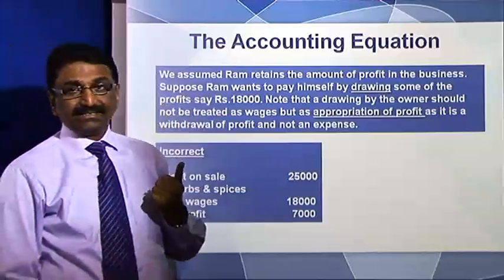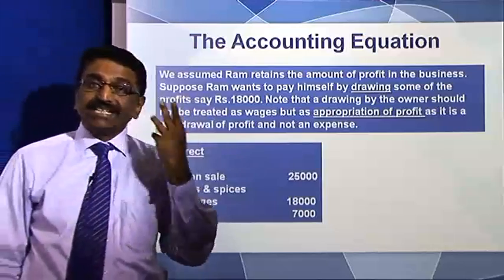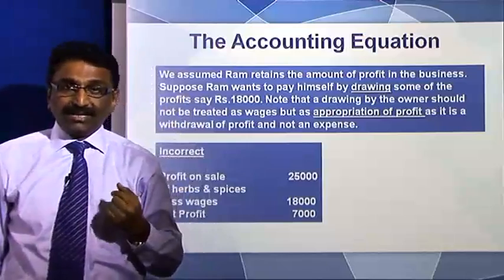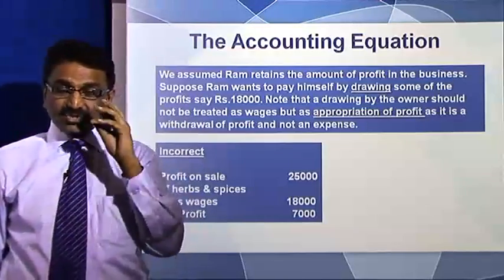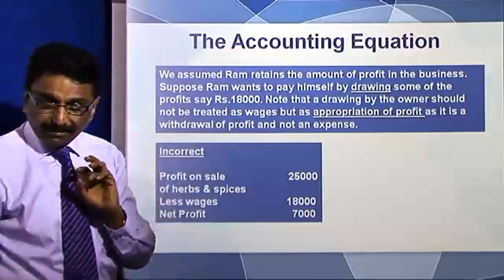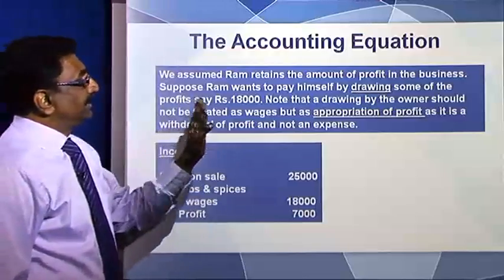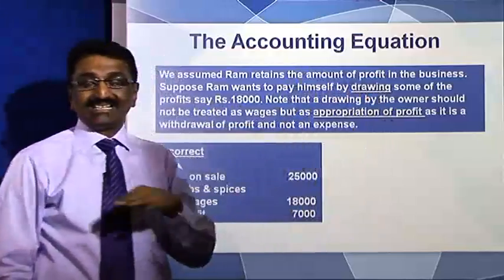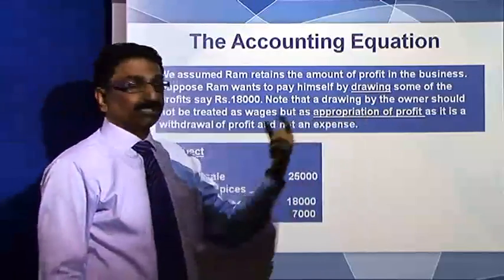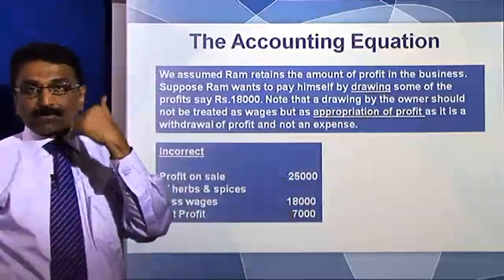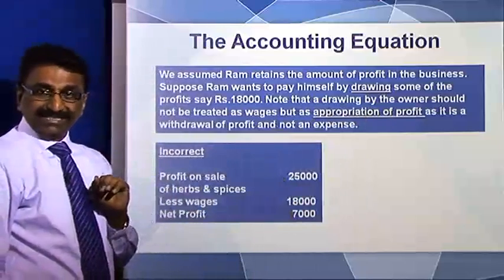This drawing, or taking of money away by the owner, is not treated as a salary. In a sole proprietorship and a partnership scenario, these are not taken as salaries paid, but as an appropriation of profit. That means the amount has been taken away from the profit.